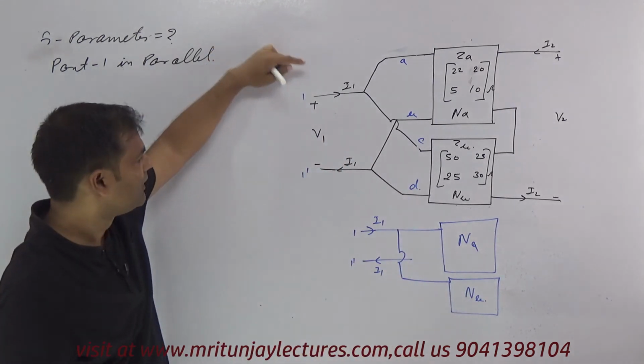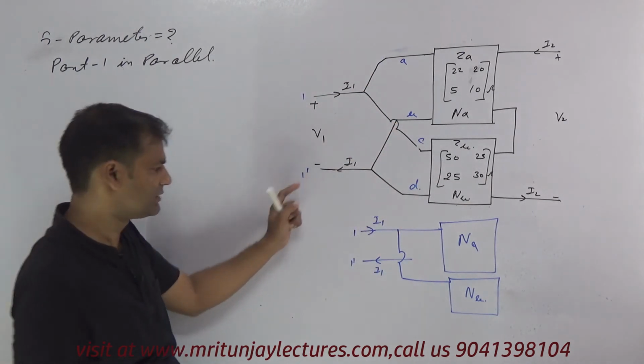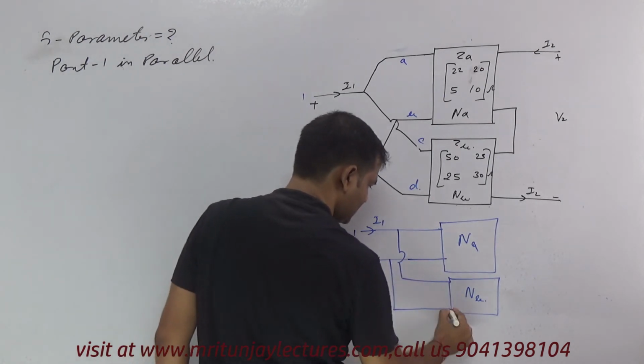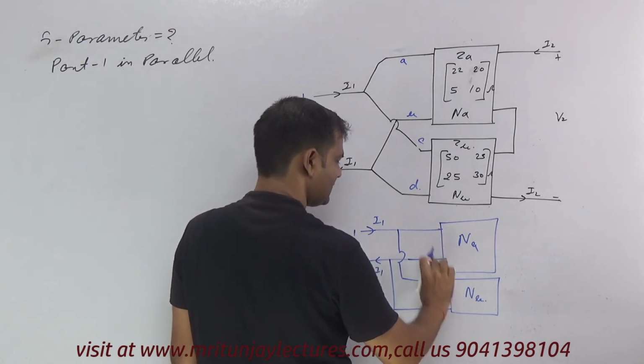B and D are both connected to 1 dash, so if this one is connected here, the second one is connected here. Clear? So very clear, both are parallel.